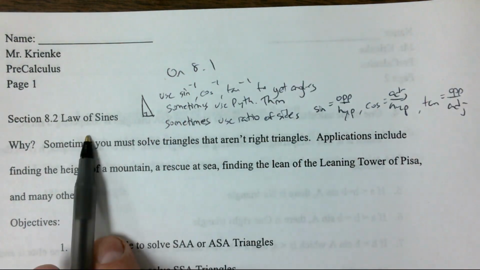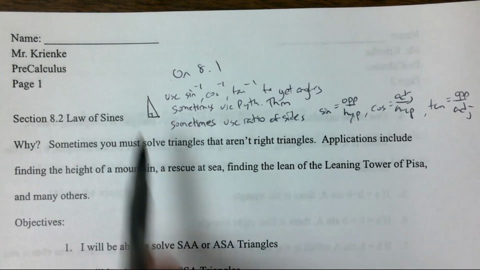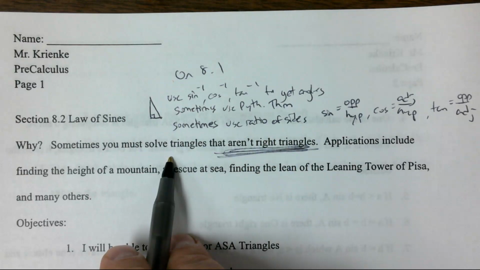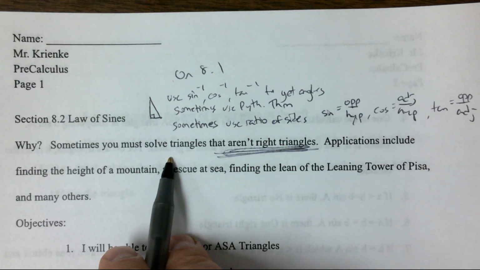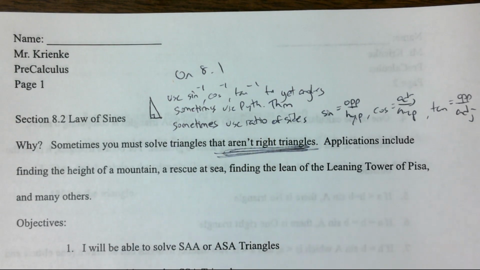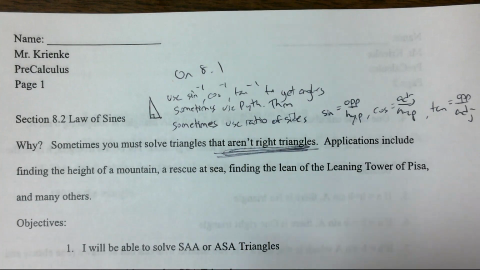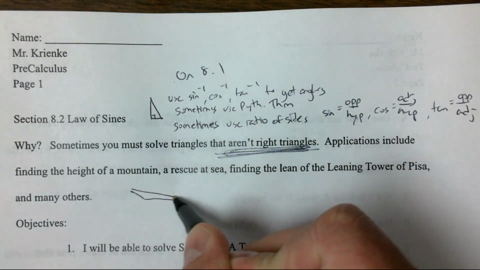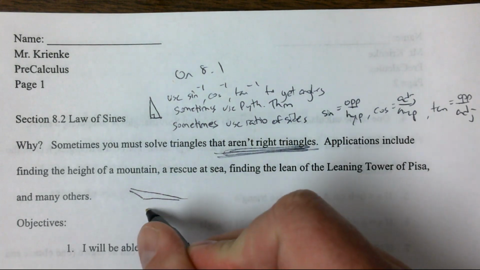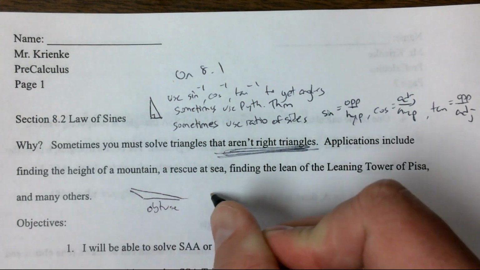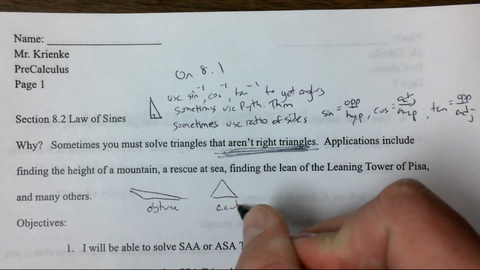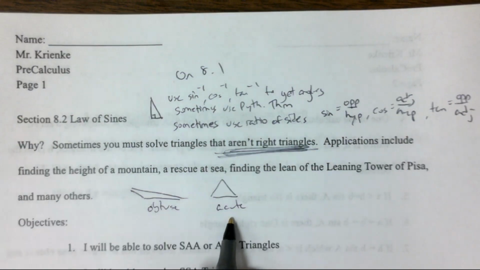What you're doing now is you don't have a right triangle, but you still need every side and every angle. So you're going to have maybe an obtuse triangle, or you might have an acute triangle, but you won't have a right angle.